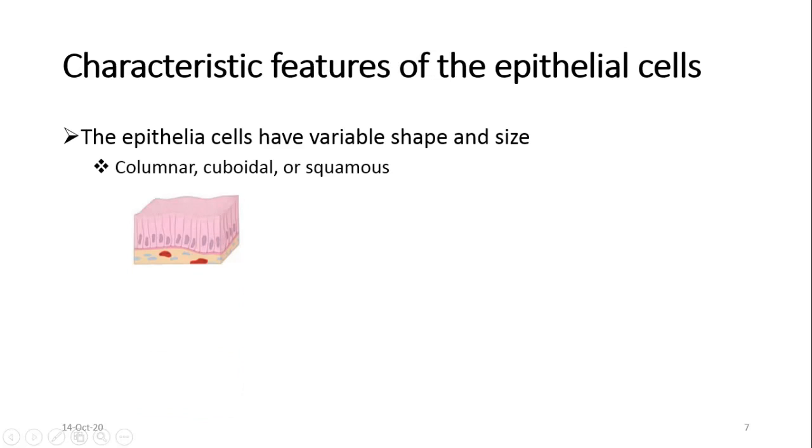The shape of the nucleus depends on the shape of the cells. The nuclei of the columnar cells are elliptic or oval, the nuclei of the cuboidal cells are spherical, and the nuclei of the squamous cells are more flattened.